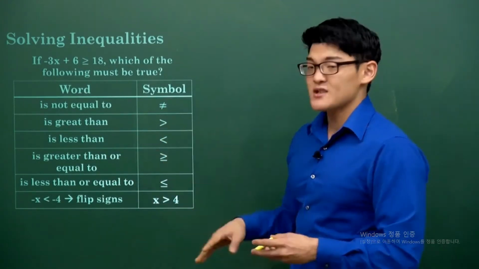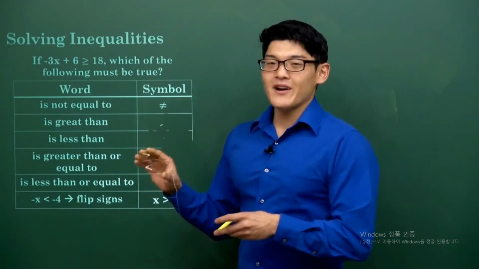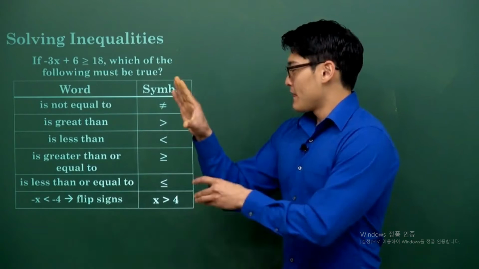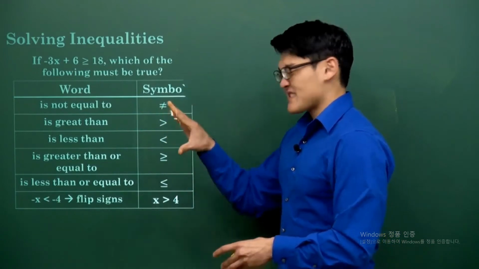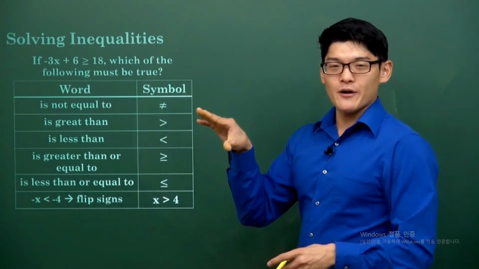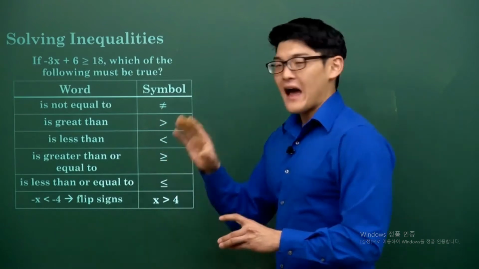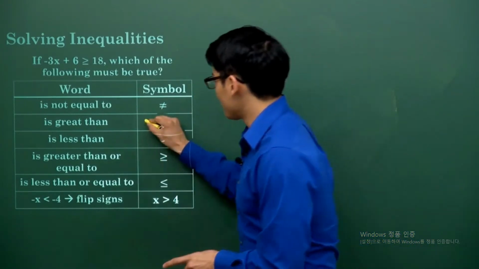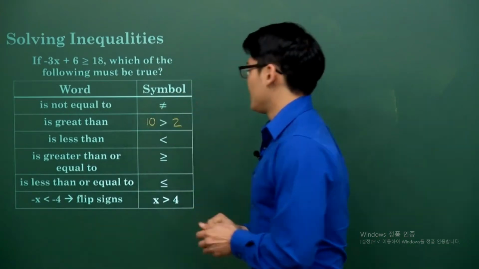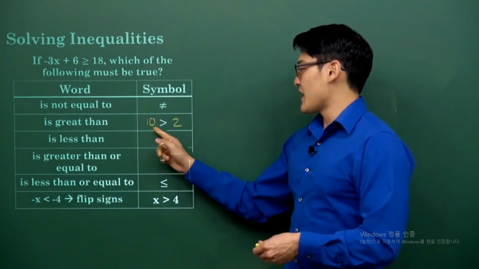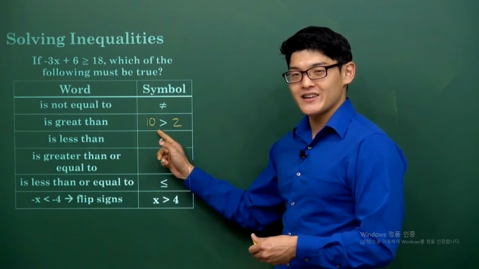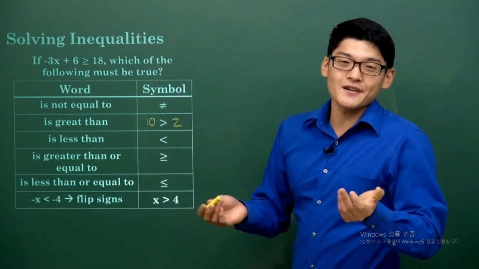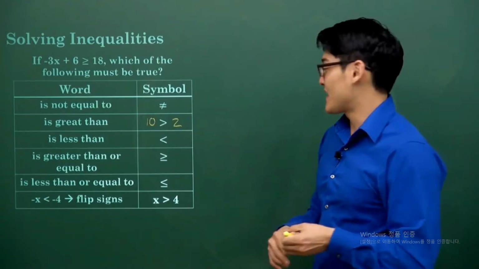So in this case, is greater than. If you remember in elementary school or middle school, they always say you can think of this arrow as an alligator mouth. And wherever the alligator mouth is opening to, that is the greater amount. So for example, 10 is greater than 2, or the alligator is eating 10, meaning 10 is greater, because the alligator is hungry and wants to get the most it can.